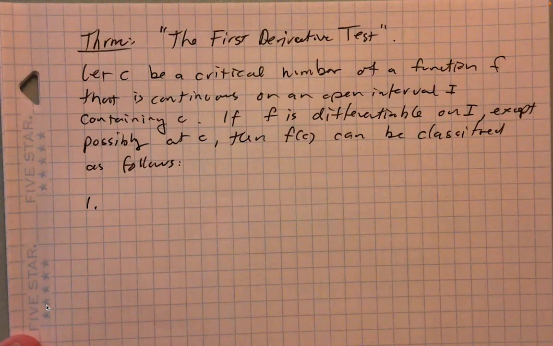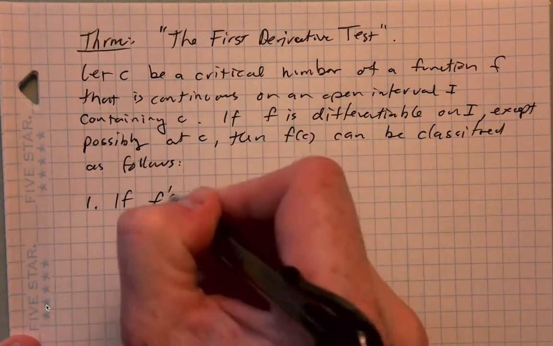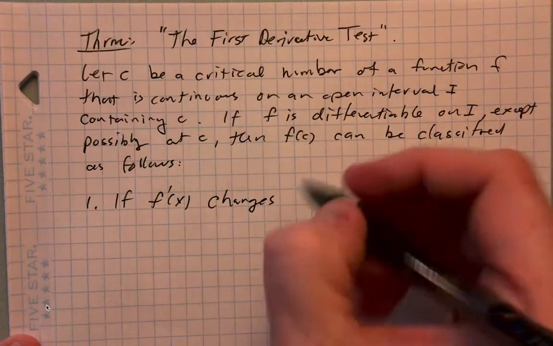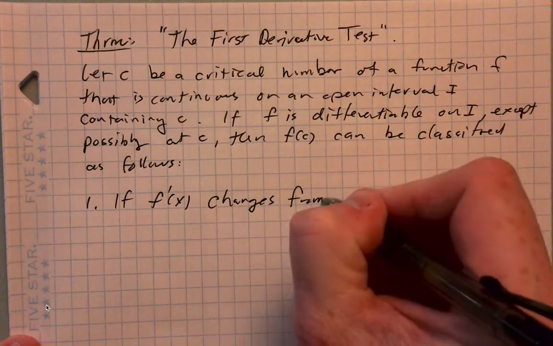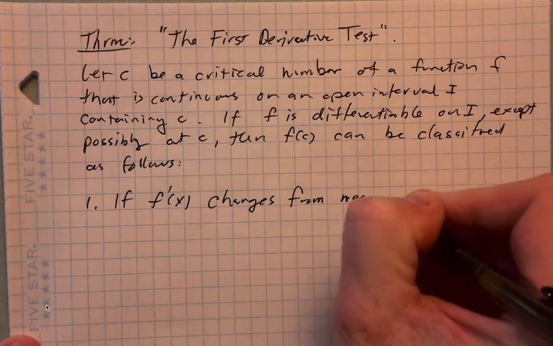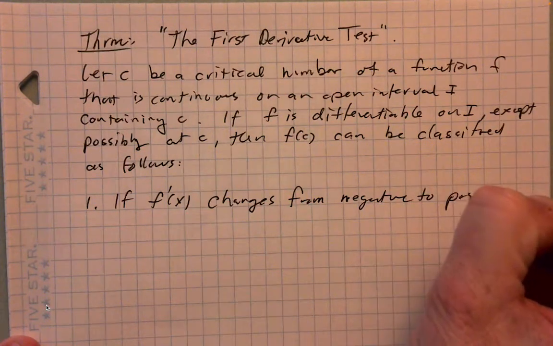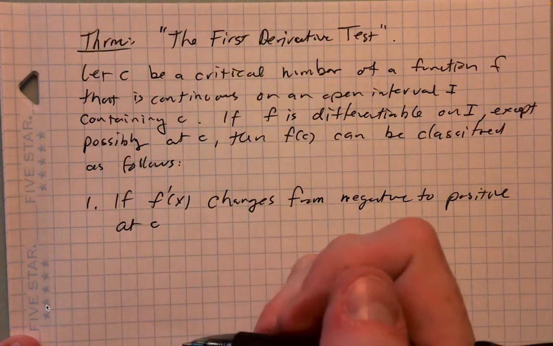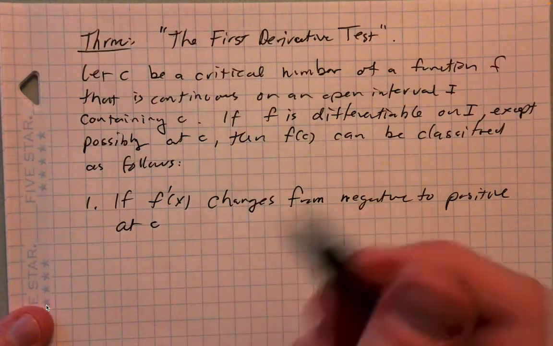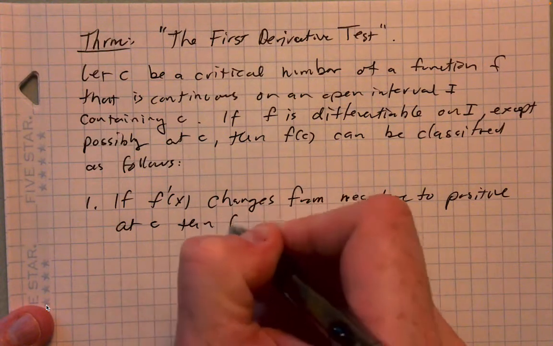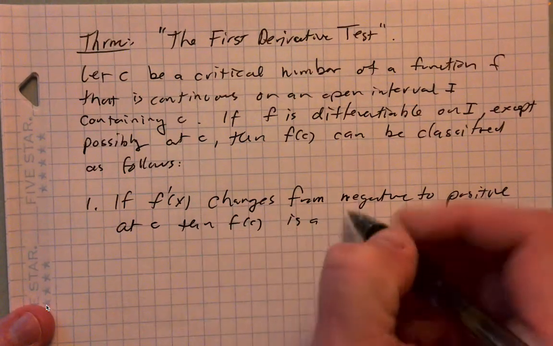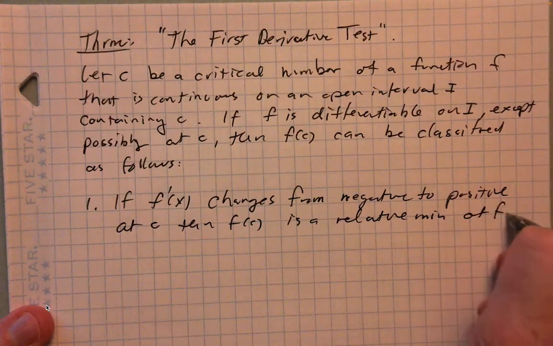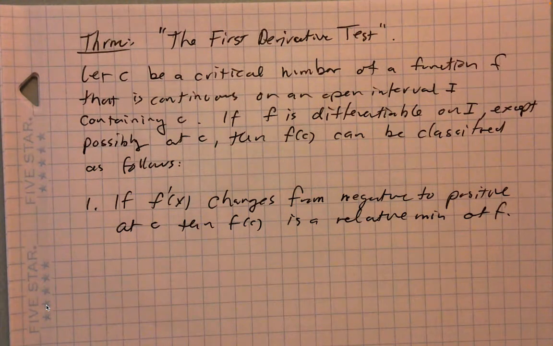If f prime of x changes from negative to positive at c, then f of c is a relative minimum of f. Okay, all right, very good.